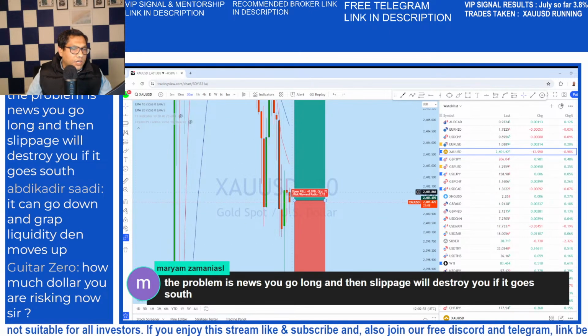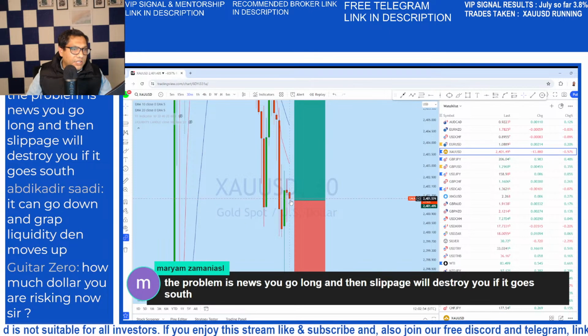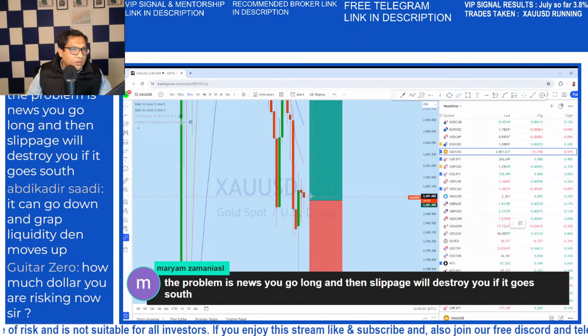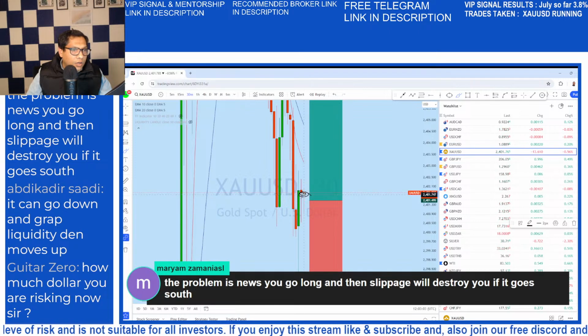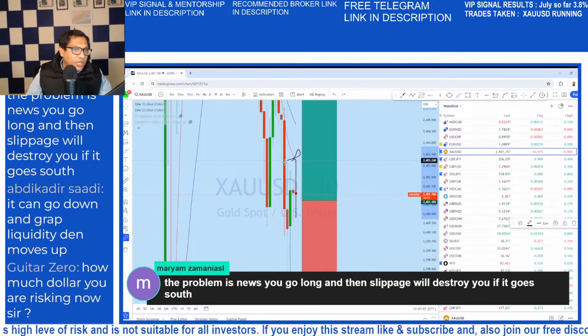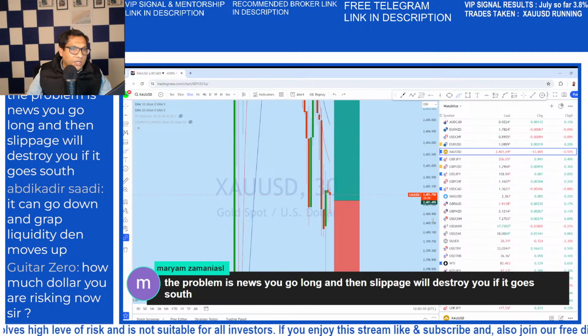After this doji, I'm expecting this candle not to break below, instead to remain either a very narrow doji, another doji, or to form a bullish candle in that direction. That's what I'm expecting here.